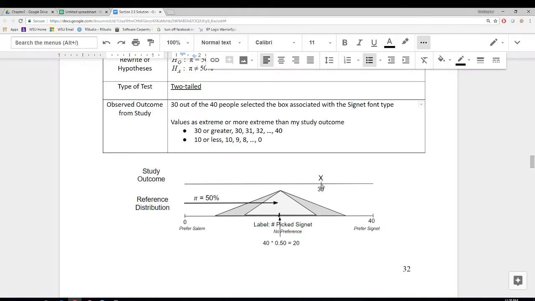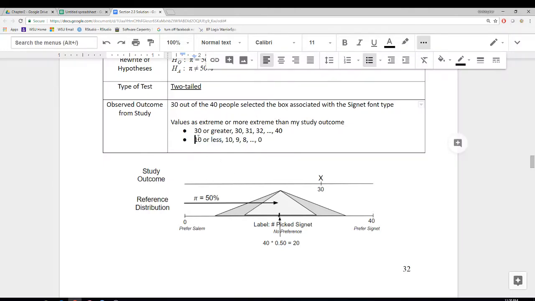My study outcome is 10 above the expected, so the corresponding value on the lower end is going to be 10 less than that. Here sits the expected at 20. My study outcome is 10 above, so I need to go 10 lower. That's where I'm getting 10 from.